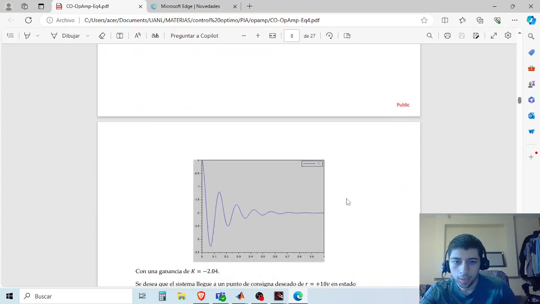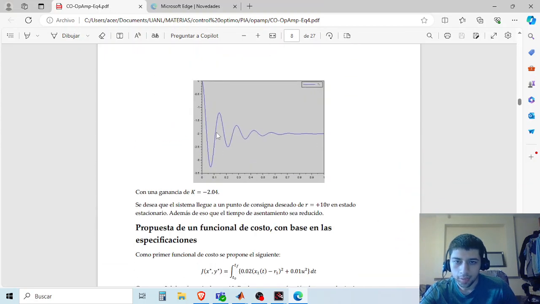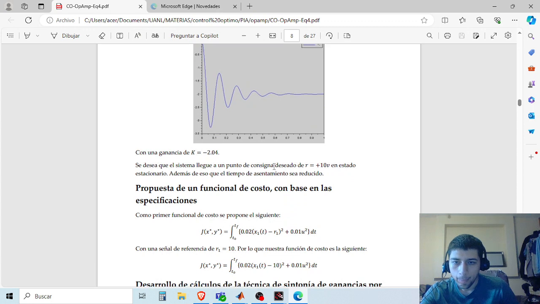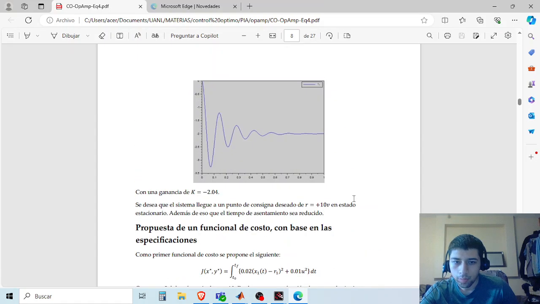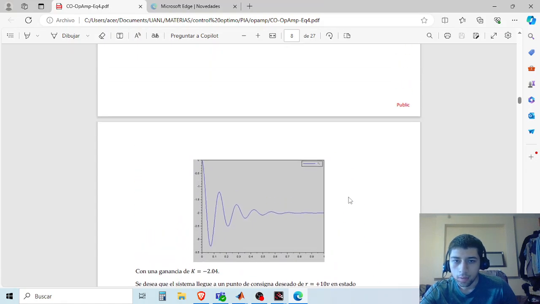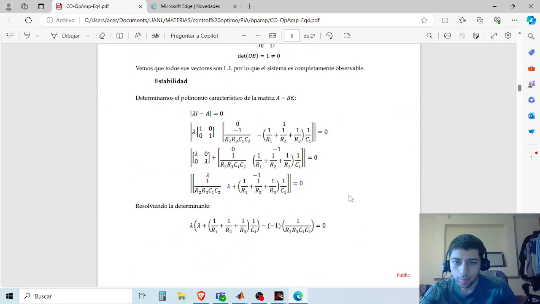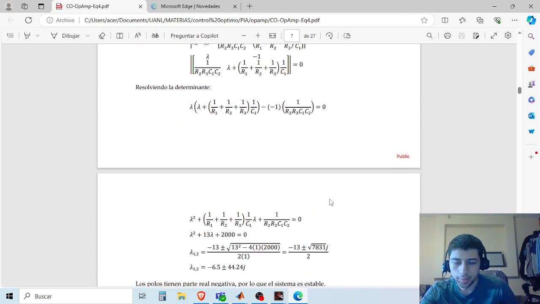Okay, and in open loop the system gives us the following response in the time domain. Okay, and our gain is -2. So that's our system, that's the behavior of our system.